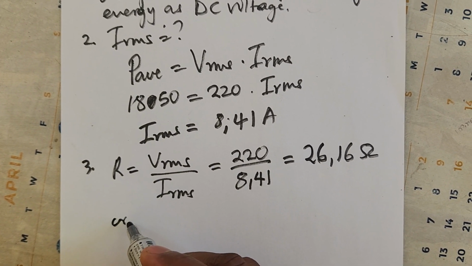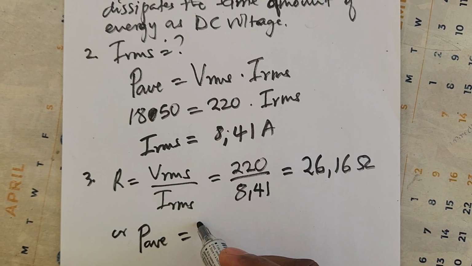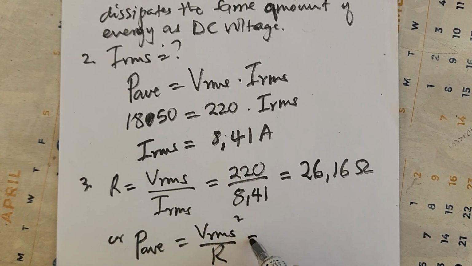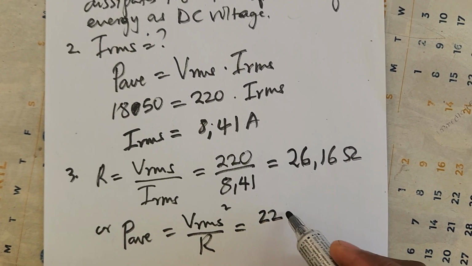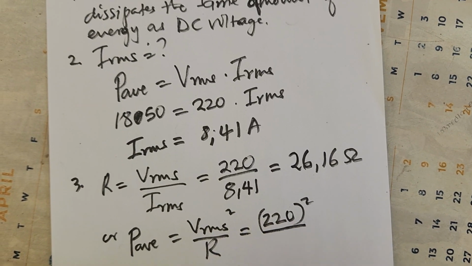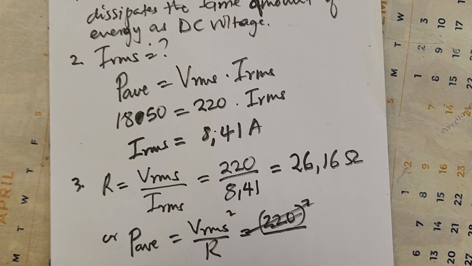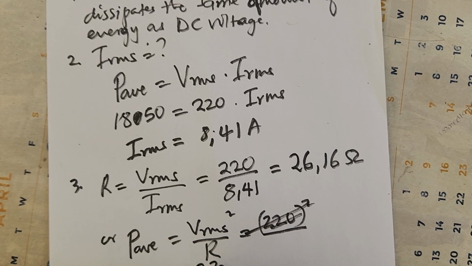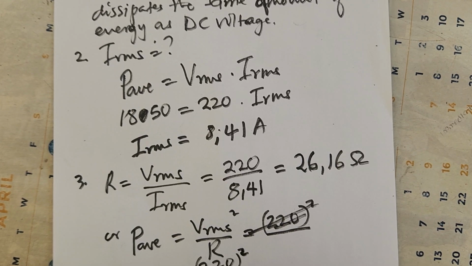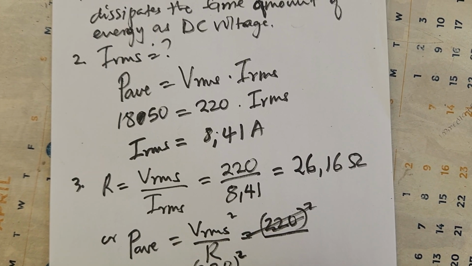Or another learner can use another formula. They say P average equals VRMS squared divided by R. The learner would be finding 1850 equals 220 squared divided by R. Therefore, with your calculator, you still get the same 26.16 ohm.